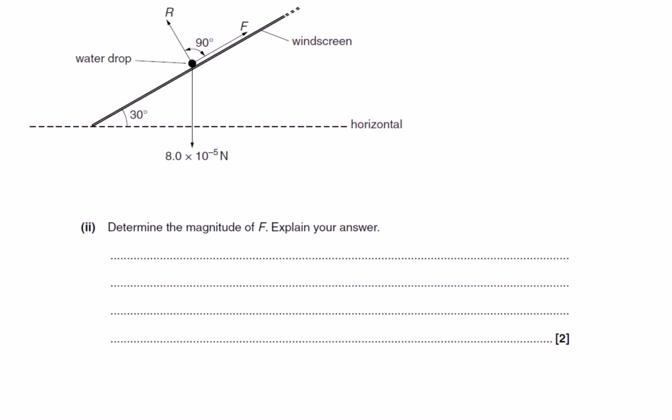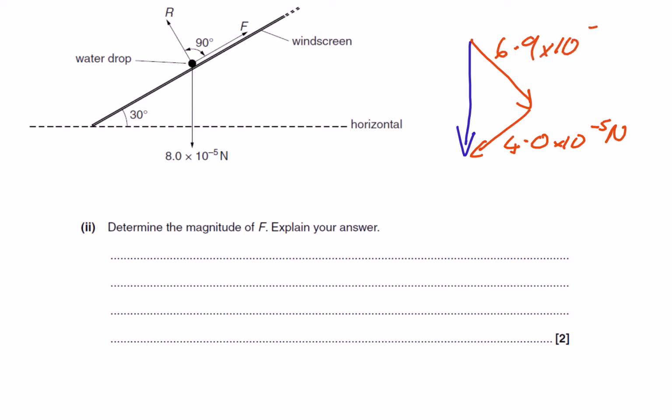So if we recall from the previous part, when we split the weight up into its components, parallel and perpendicular to the screen, we got that the component of the weight parallel was 4.0 times 10 to the minus 5 newtons, and 6.9 times 10 to the minus 5 newtons perpendicular.